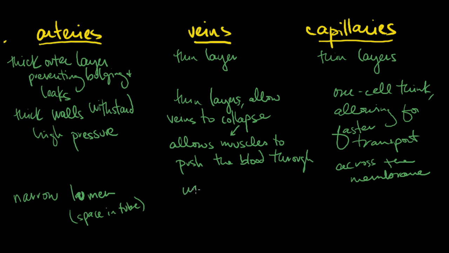Veins have wide lumens to maintain low blood pressure, not blood pleasure. And then the capillaries are very narrow, allowing them to get to every single cell in the body to take nutrients to them. Okay?